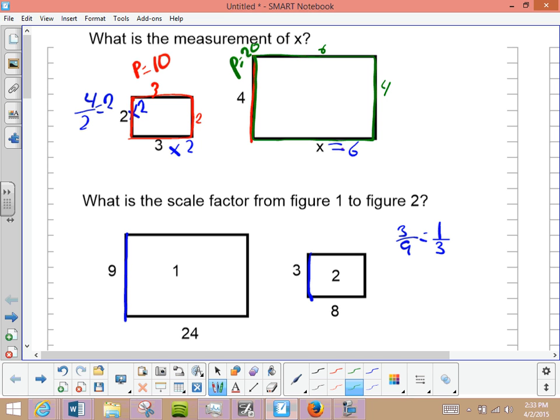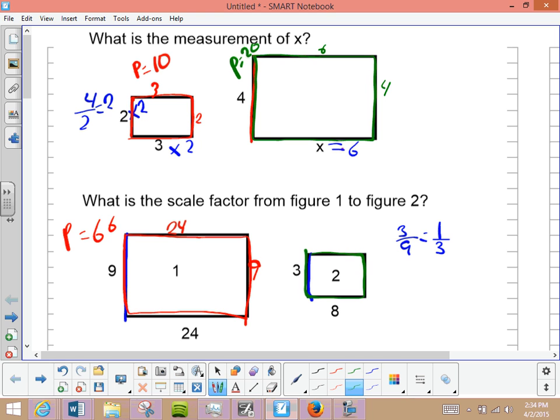The scale factor is still used, right? So now, let me see if it always works. Let's try this one. What is the perimeter of this guy right here? 24. Oh, sorry, 66. Whoa. What about this one?